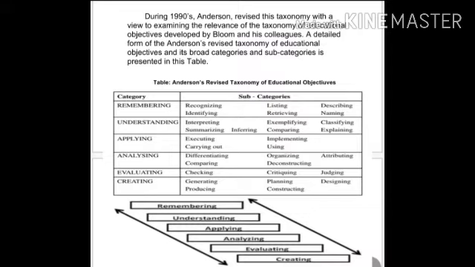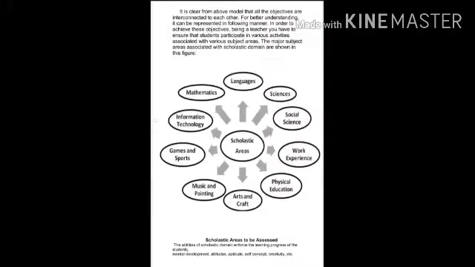The major subject areas associated with the scholastic domain are shown in this figure. The abilities of the scholastic domain enforce the learning progress of students, mental development, attitudes, aptitude, self-concept and creativity, etc.